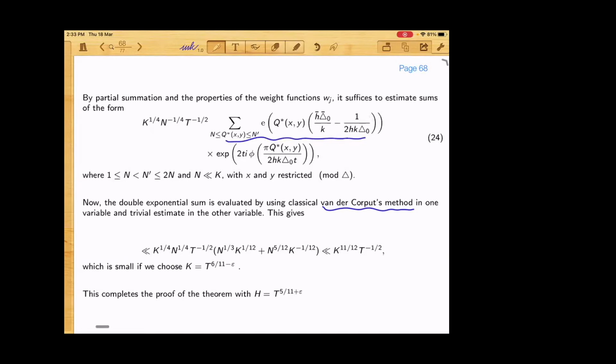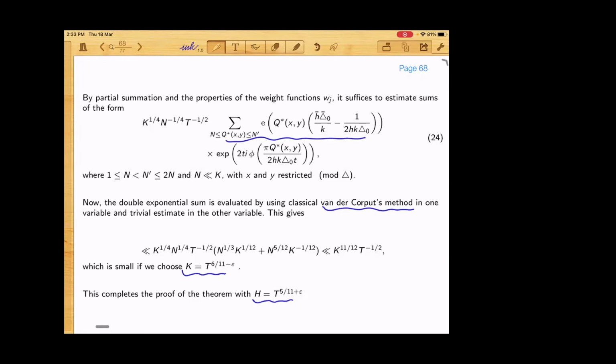And to our surprise, we could see that in fact the sum is small, and we can take k to be t to the power 6 over 11, and that gave us h to be 5 over 11.